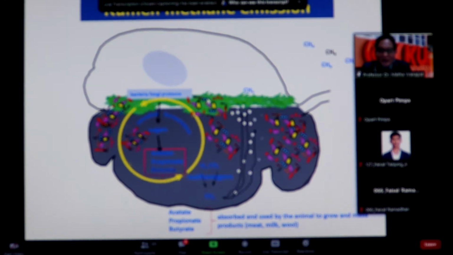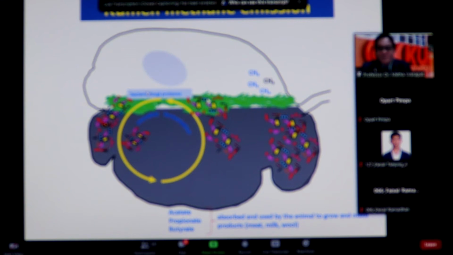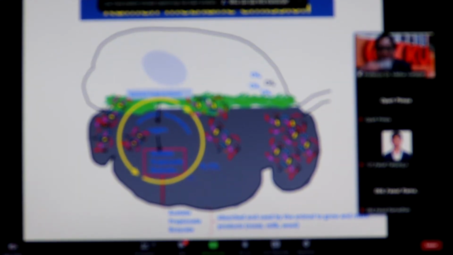So you see this one here, this is from the PowerPoint of my friend Professor Edward from New Zealand, who lent me this very nice slide on fermentation in the rumen that yields methane.